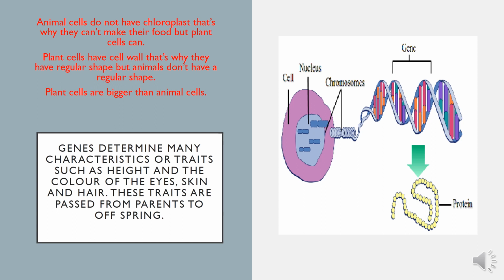These traits are passed from parent to offspring. Genes are present in the nucleus. In nucleus there are chromosomes, and in chromosomes they have DNA, and in DNA there are genes, and these genes are responsible for the characteristics that transfer from one generation to another generation.